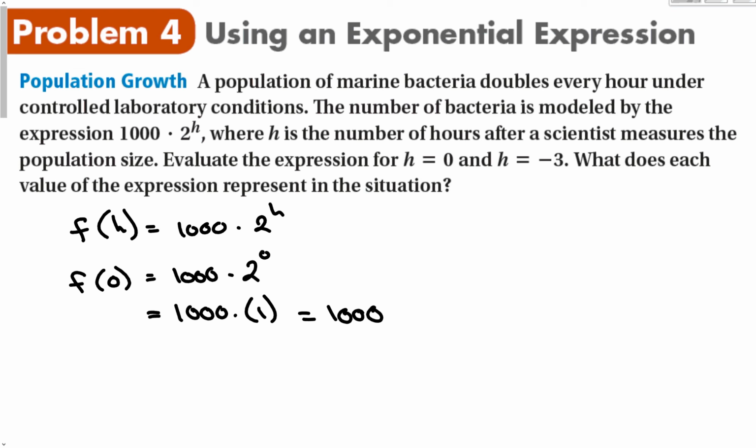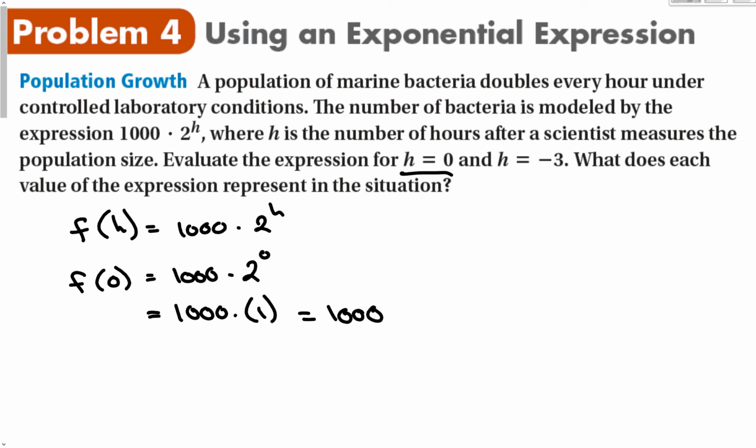So that means that there were 1,000 bacteria present at 0 hours. There were 1,000 bacteria when the experiment started, or when we started timing, or time 0, whatever that happens to be.